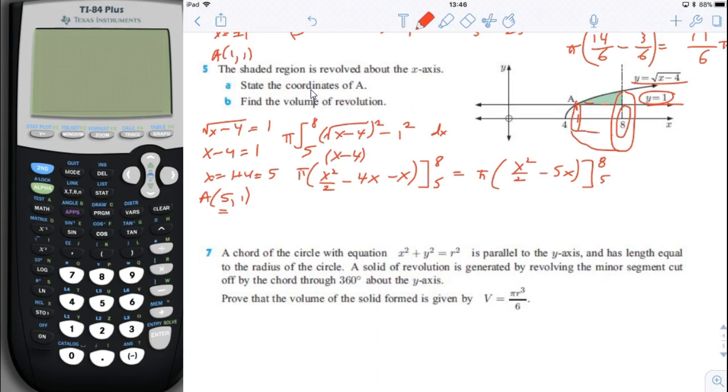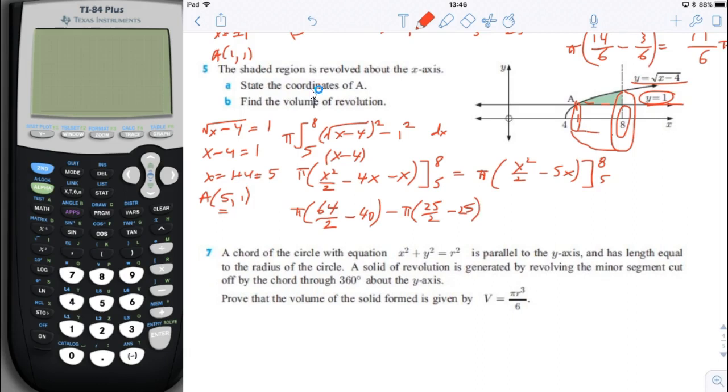And then I'm going to plug in 8 for the x's here, so it would be pi times 8 squared, which is 64, divided by 2, minus 5 times 8, which is 40, minus, and then I'm going to put the 5 into the x here, so it would be 5 squared, 25, halves, minus 25, because 5 times 5 is 25.